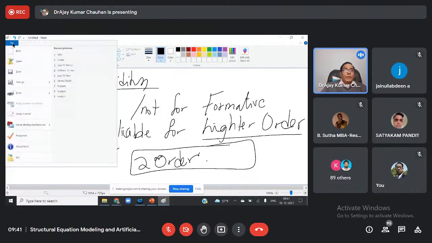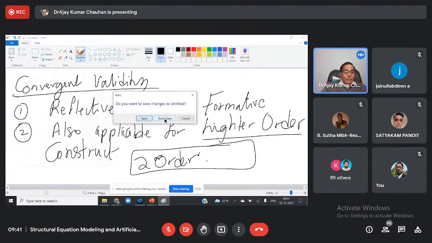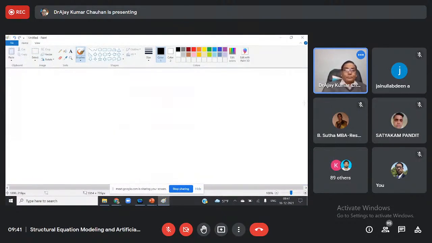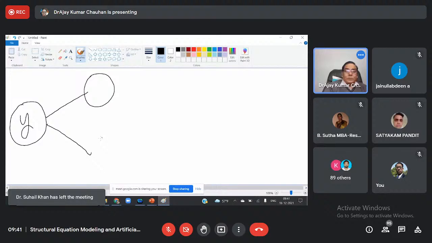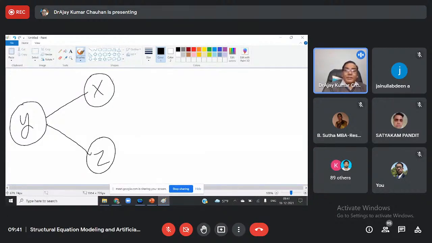And one thing I am also telling you, suppose you have a second order construct. Suppose this is the construct, this is Y. Y is measured with the help of two constructs, X and Z. X is measured with the help of three items, item 1, item 2, item 3.